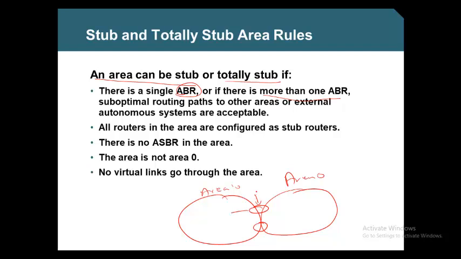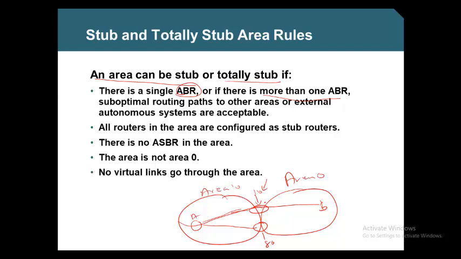Going via this one will be cheaper than going via this one. So all the routers will be going this way. So this is the active forwarder. Only when this router goes down, this will become the forwarder. By setting cost manually, we can achieve this.